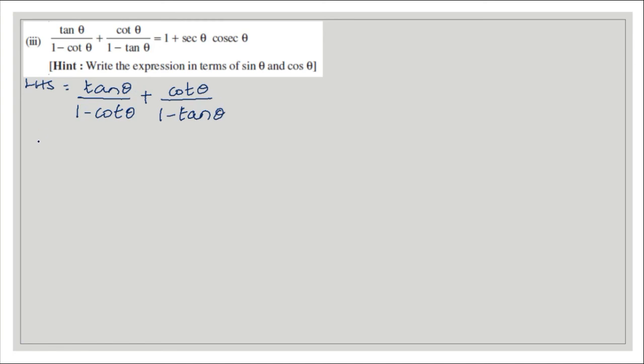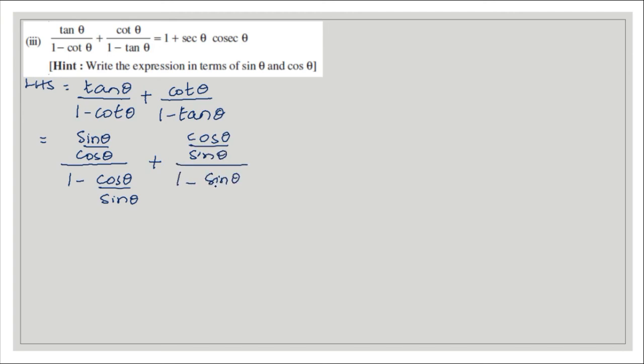Let me express tan theta as sin theta by cos theta divided by 1 minus cos theta upon sin theta, plus cot theta, which is cos theta upon sin theta, divided by 1 minus sin theta by cos theta.